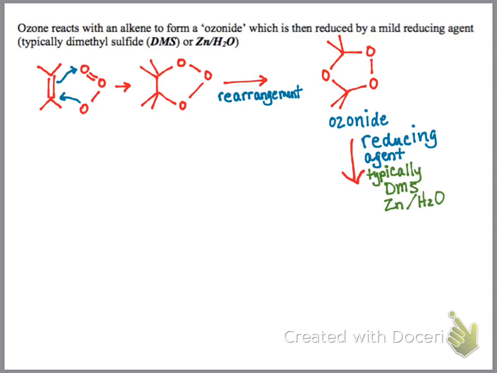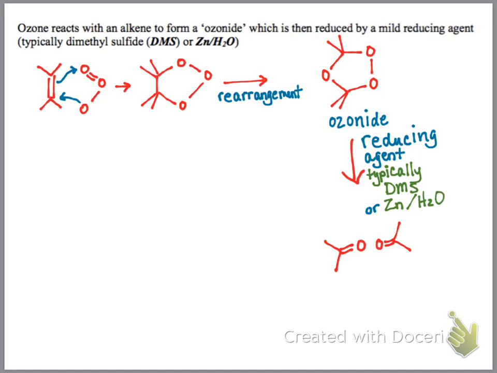And then the next step is you add a reducing agent, and the typical reducing agents for these, and you should know these, are DMS, which is dimethyl sulfide, or zinc mixed with water is another reducing agent for this. There's lots of other reducing agents too, but these are the two that are pretty much always used for this reaction.